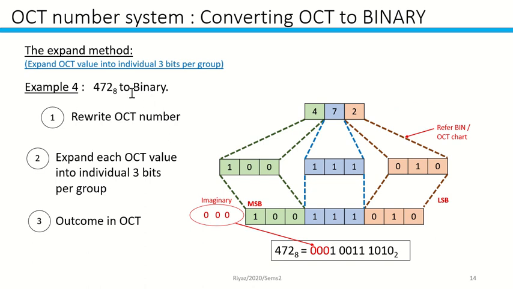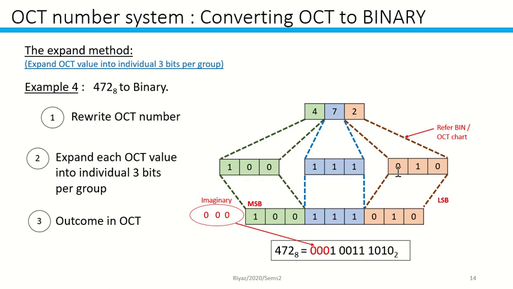How you're going to do this is using the expand method. So you need to expand your octa value into an individual of 3 bits per group. So first, you write 472 in your particular boxes. So you're going to have the first box of 2, second box of 7, and third box of 4. These, you need to expand to your binaries.